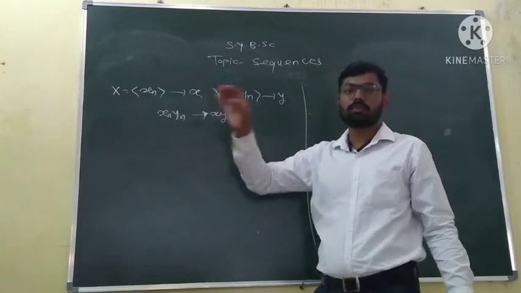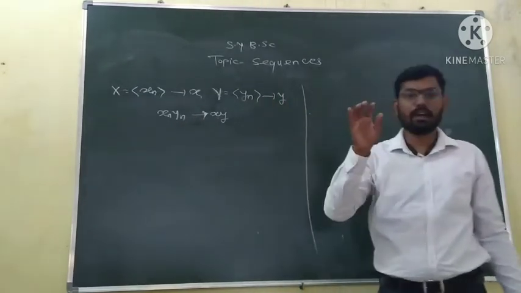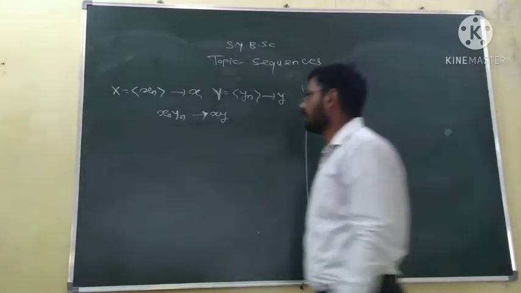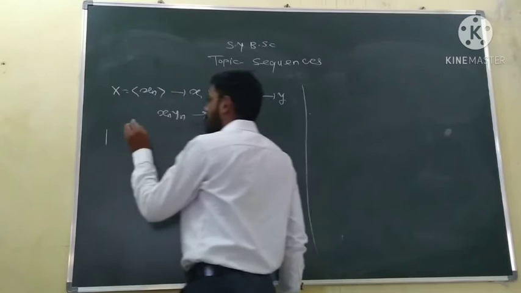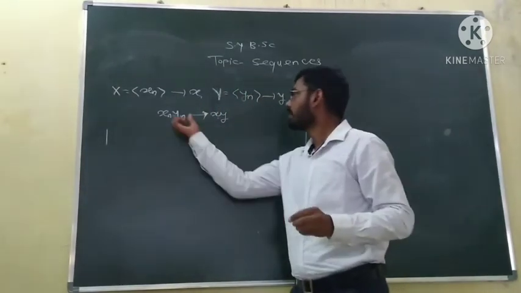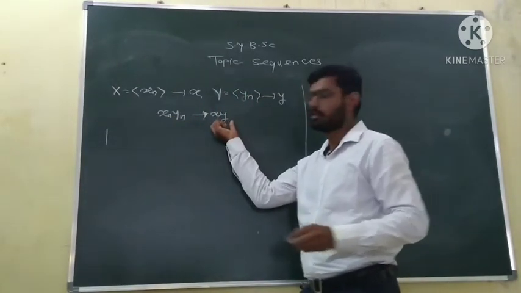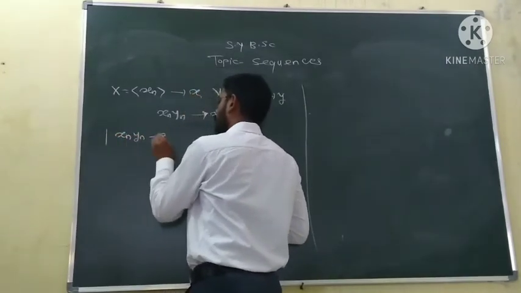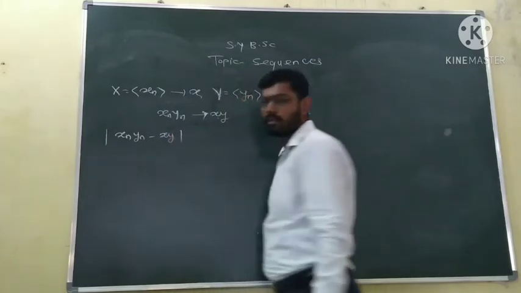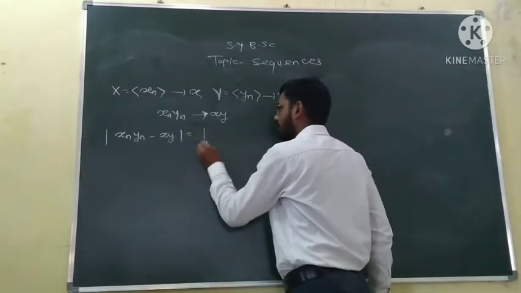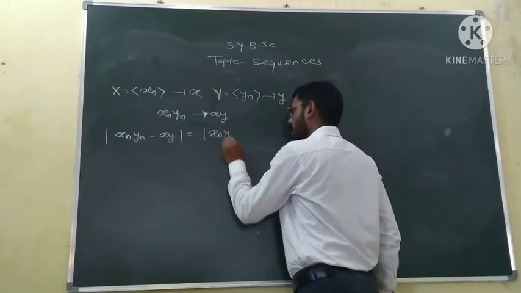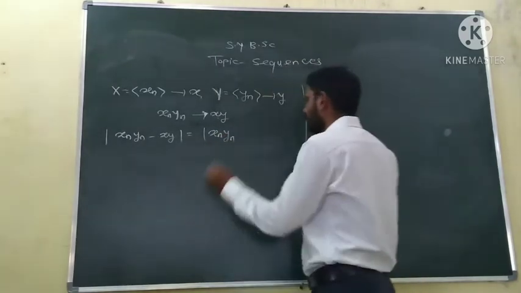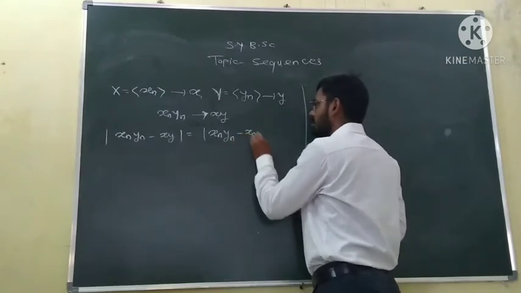Again we will use the epsilon definition of limits of a sequence. We will take the difference between the sequence and this value x into y. So xn into yn minus x into y. Here we will make some adjustment. We will subtract and add one term, the term xn into y.